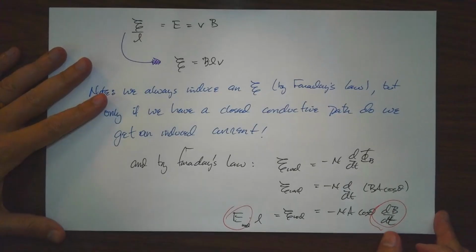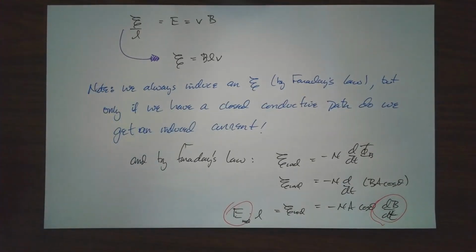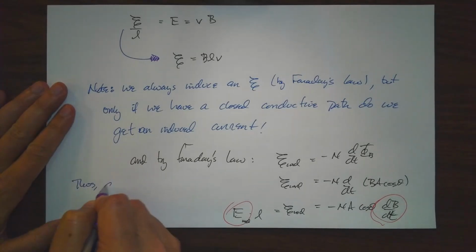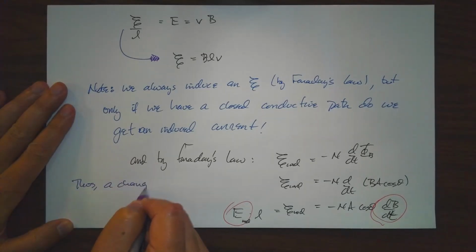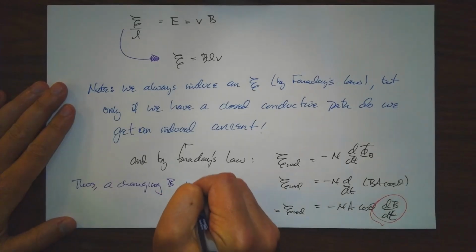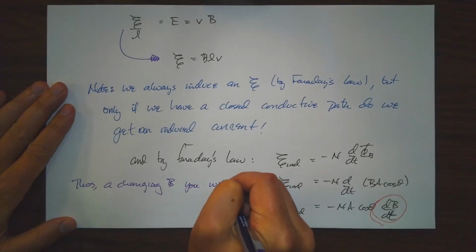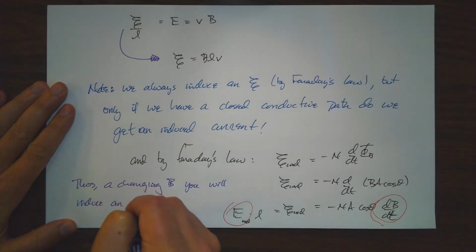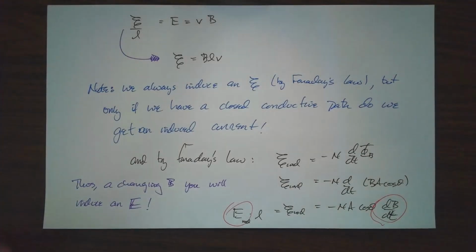The book talks a little bit more about it, but I think it's a little bit beyond where we need to be. Therefore, if you have a changing magnetic field, you'll induce an electric field. So a changing B creates an E.